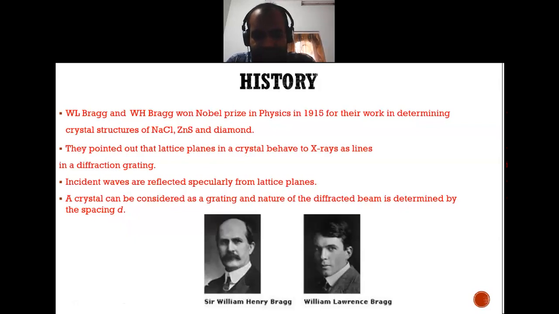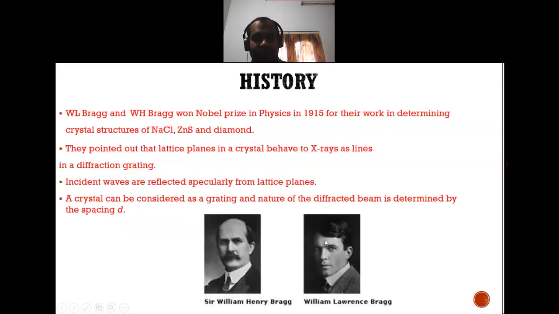A crystal can be considered as a grating, and the nature of the diffracted beam is determined by the spacing d. So a crystalline material is considered as a grating and X-rays as the source of light, and the result after diffraction is determined by d, the interplanar or interatomic spacing.